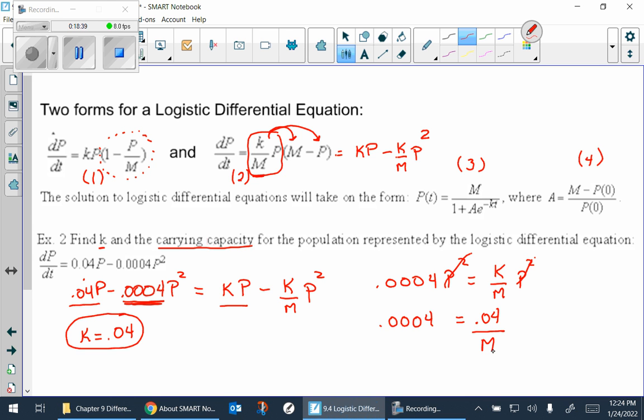And if you want to cross multiply and solve for M, however you want to solve for M, whatever method from algebra you remember, I would have cross multiplied and divided each side by 0.0004.